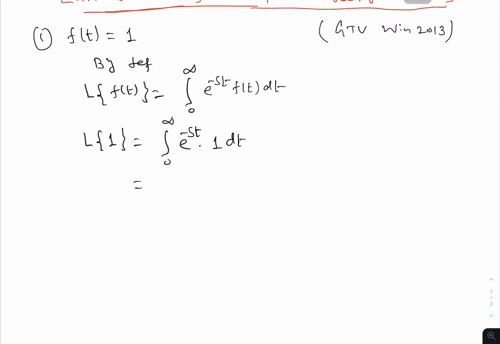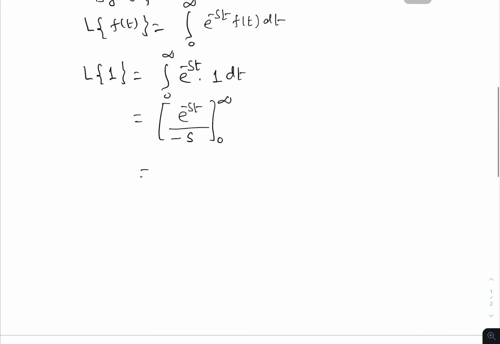And this is now easy to integrate. So the integration is e power minus st over the derivative of minus st with respect to t, and that is minus s, and the integration is from 0 to infinity. So this can be taken outside, and we also know that the limit as t tends to infinity of e power minus st is 0.